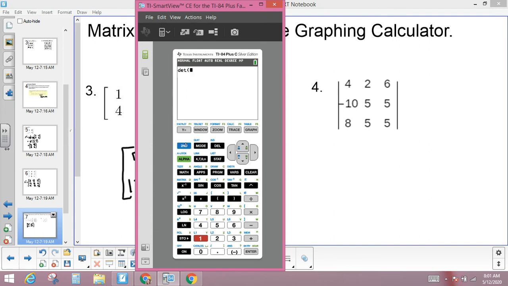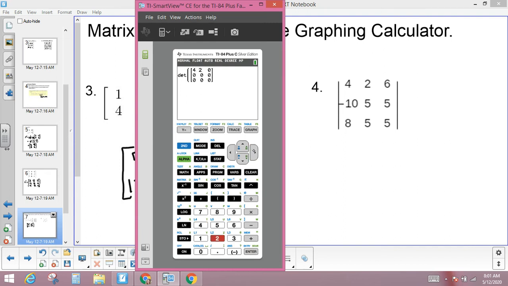All right, so to do the alpha zoom way, you have to get this determinant on your screen, and then we're going to tell the calculator that we want it to be a 3 by 3. And it will put it in there, and then we have to type in our values.